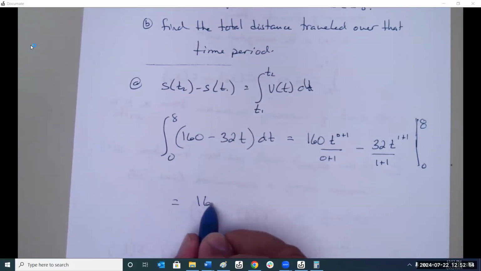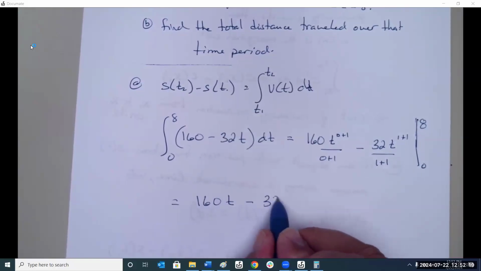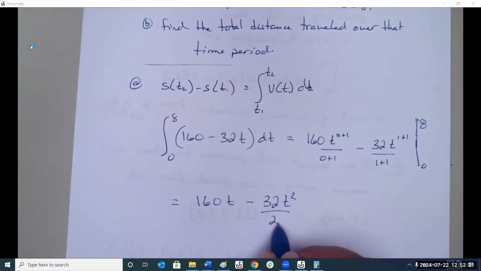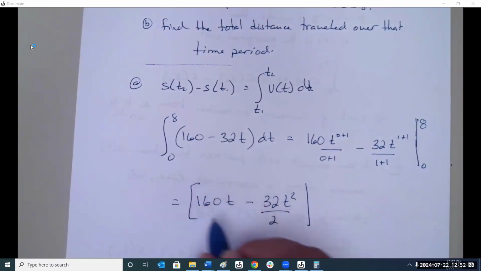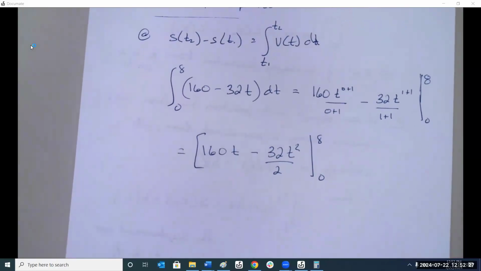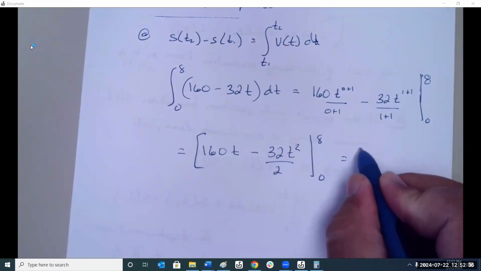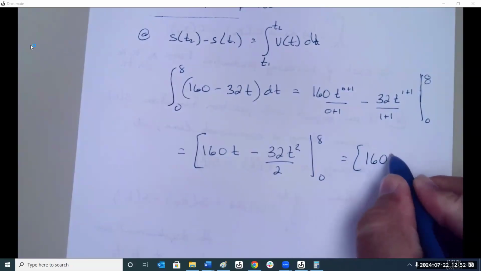So we have 160t minus 32t squared over 2. Thirty-two divided by 2 is 16.